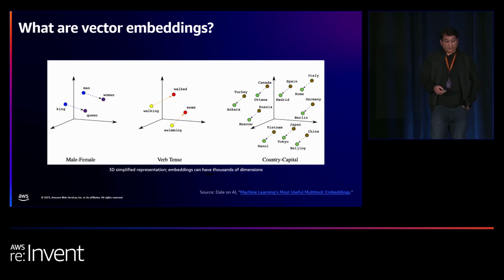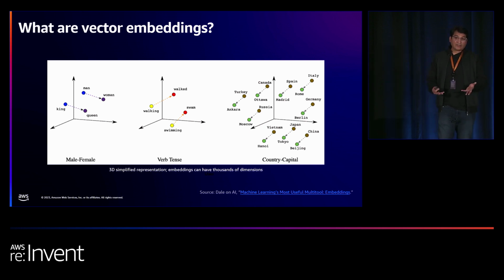And so this is a simplified representation of a few word-to-vector embeddings. And so in vector embeddings, the semantically similar words tend to cluster together. So, for example, in the first example here, the words king and queen would be closer together in the vector embeddings. And similarly, for the verbs walking and walked would be closer together.